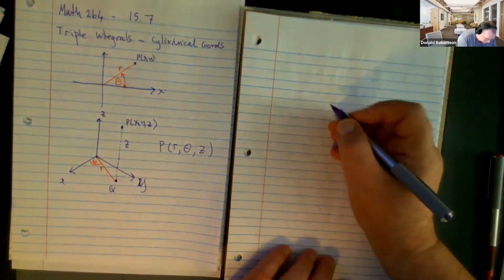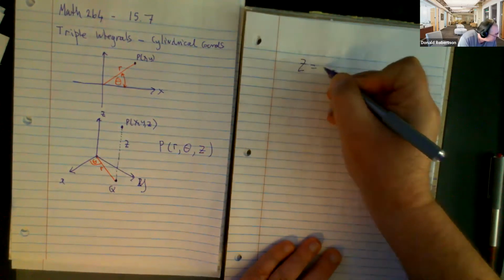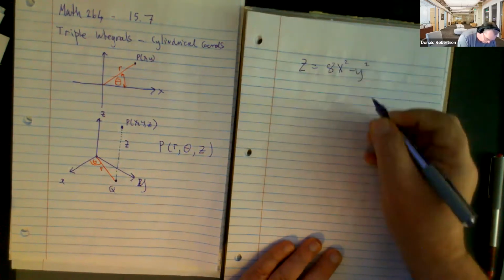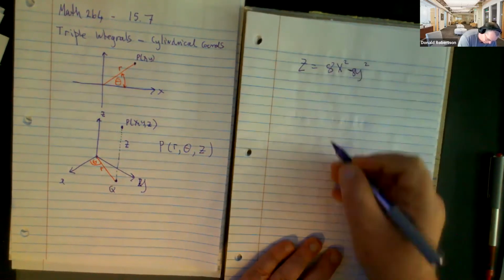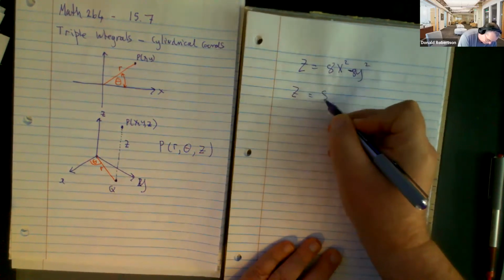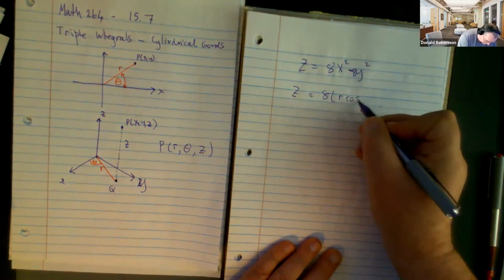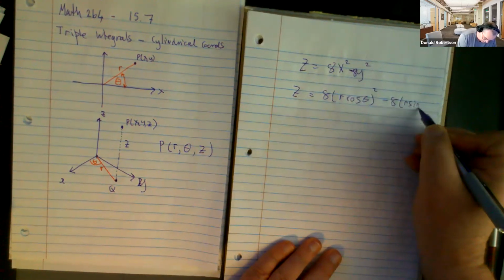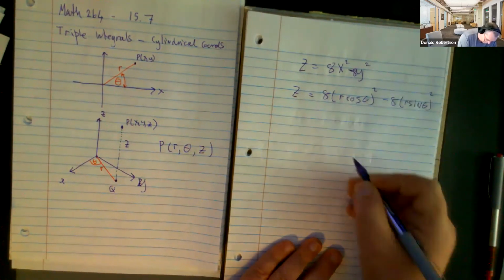So how about z equals 8x squared take away 8y squared. Now x is r cos theta, squared, and y is r sin theta, squared.